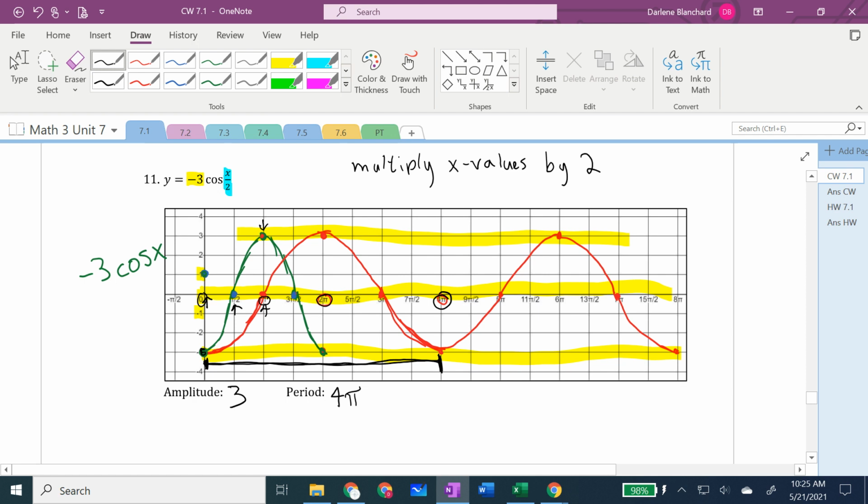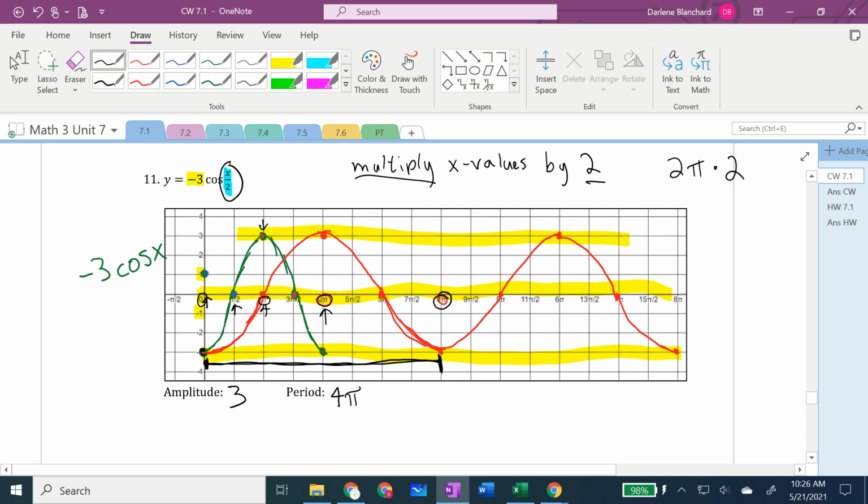A way that you can find this without looking at the graph is to remember that if a normal cycle ends at 2 pi, and I have to multiply by 2 to find out where that end of my cycle has been stretched to, then I'm going to take my normal cycle length and multiply it by that 2.